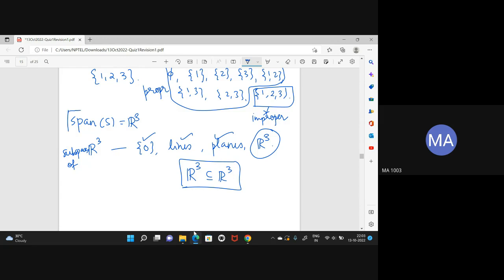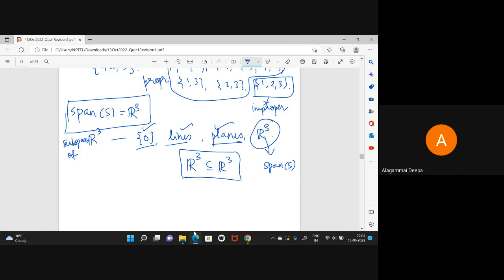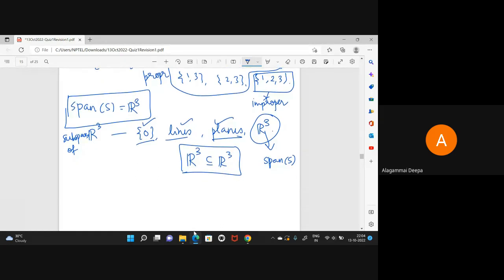So you are getting span of S equal to R3, right? Is it a proper subspace? No. A proper subspace would have to be either a plane, a line, or the zero vector, right? What if span of S is equal to R2?